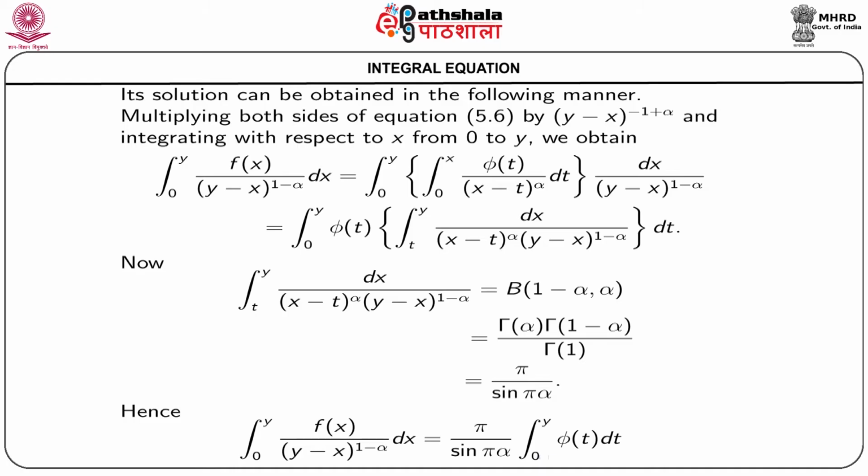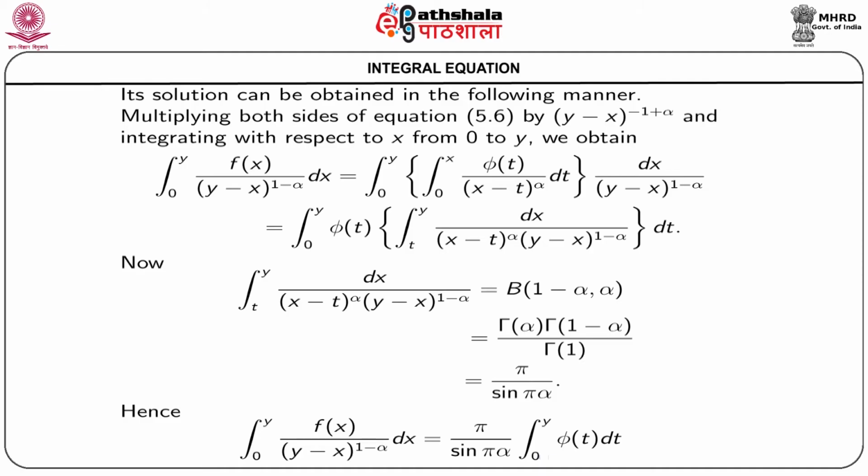This inner integral can be further simplified. If we substitute x equal to y sin square theta plus t cos square theta, then the value of this integral comes in terms of beta function, that is beta 1 minus alpha, alpha.